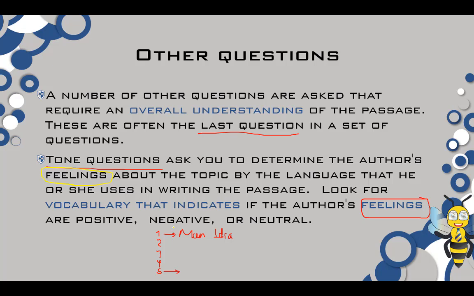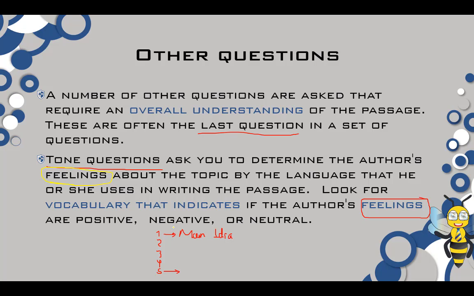Now you understand the feelings of the author. You know that he's saying good things about him. So you should find or identify these words like admire, honest, etc. So as he's talking about something good, you will be able to answer these questions.